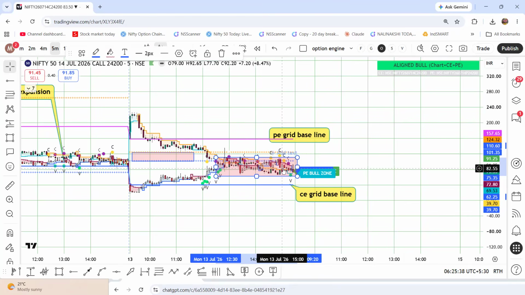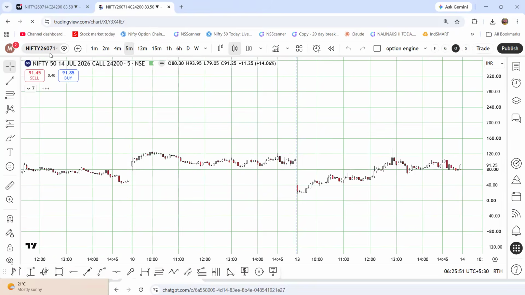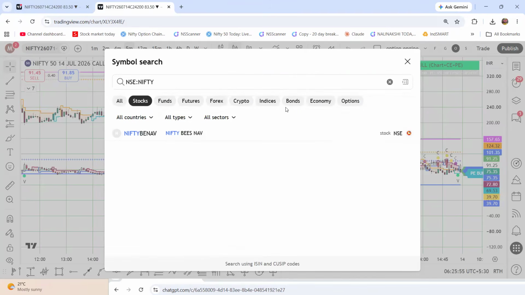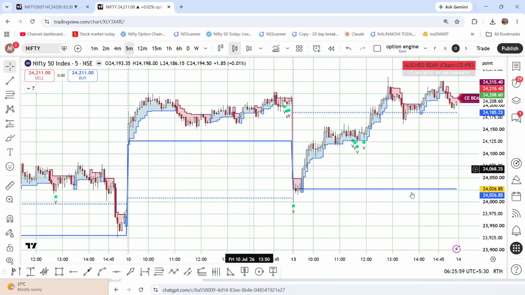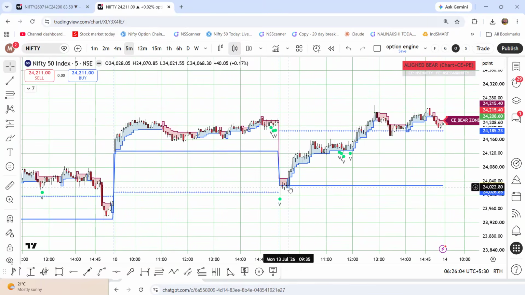For example, let me duplicate this and take you to the Nifty chart, the underlying chart, Nifty 50. And see here, the price came down.